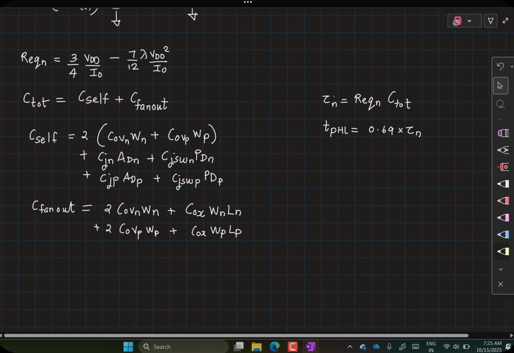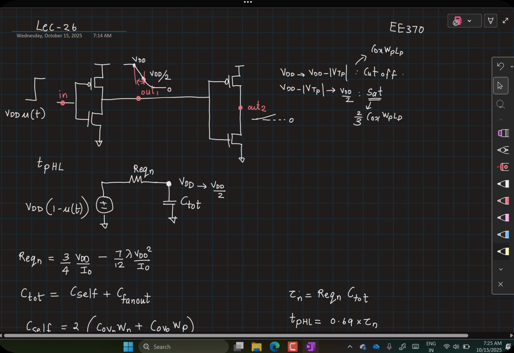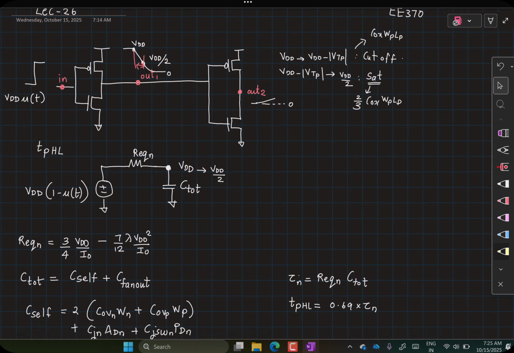And you will also notice that because I have put COX WP into LP directly here, when you are dealing with a rising edge here, that means your input was a falling edge, you're looking at a rising edge here. You would end up with the same sort of confusion for the NMOS transistor, where the NMOS transistor would initially be in cutoff, then it can possibly enter into saturation region, and you would have to calculate your fan out capacitance differently for a rising edge at this node.